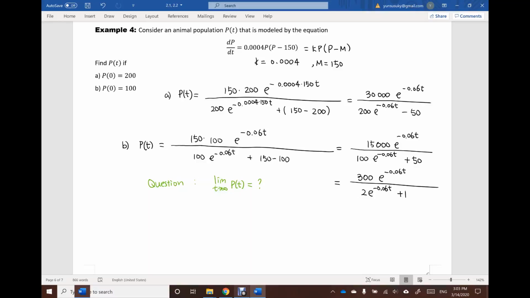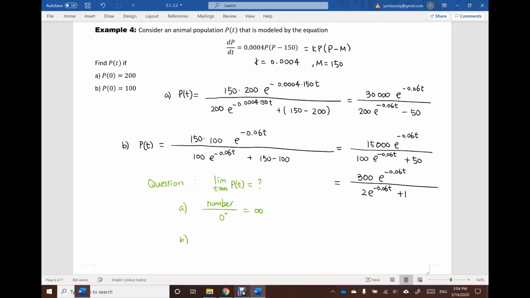Because the numerator is positive, we have a positive number over a number getting close to 0. So it actually goes to infinity, right? So part A, we have some number over something close to 0, so it will give us infinity.